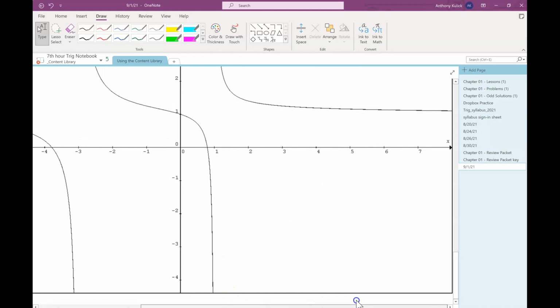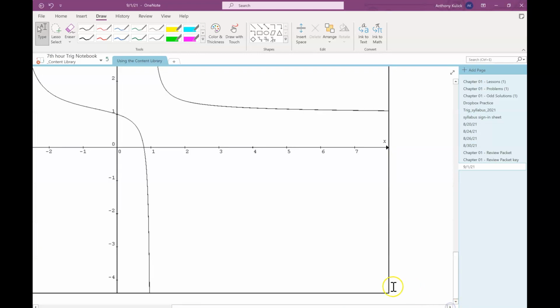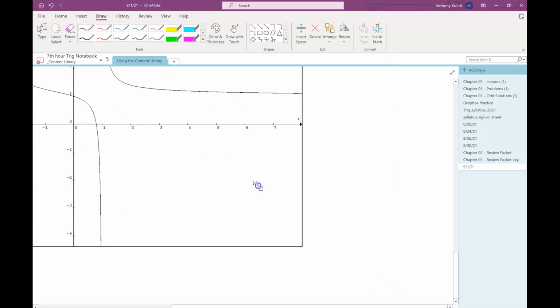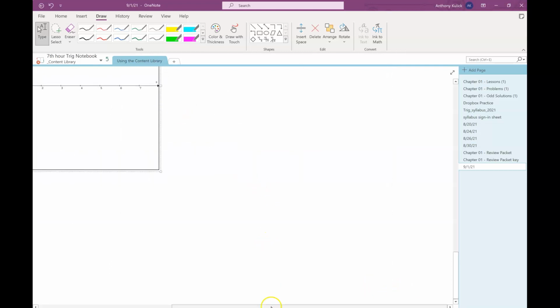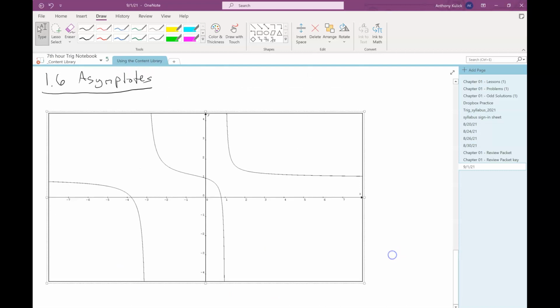So kind of visually, what that would look like is something like this. So here's a graph. And when I look at this, I see two vertical asymptotes, right? I see one here at like -3. Everybody okay with seeing that? And I see one here at +1.